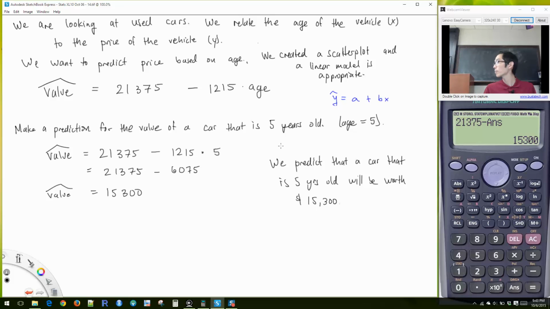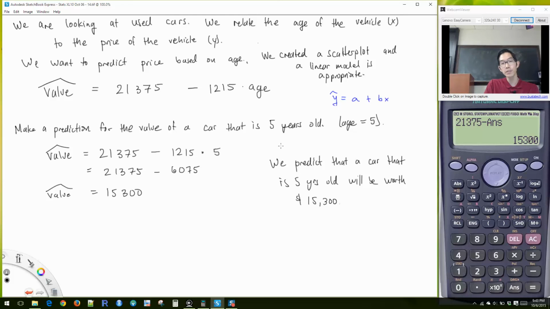So the question came up as to, we see that in the formula, y hat equals a plus bx, b times x. However, that's an addition, that's a sum. However, when we're looking at it, we're looking at the 21,375 minus. Okay, so subtraction.